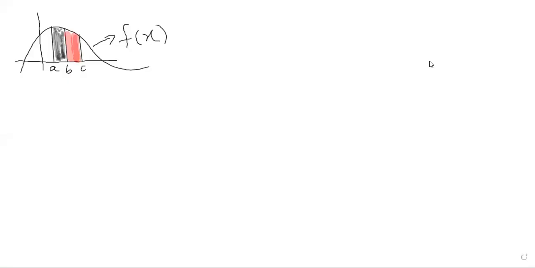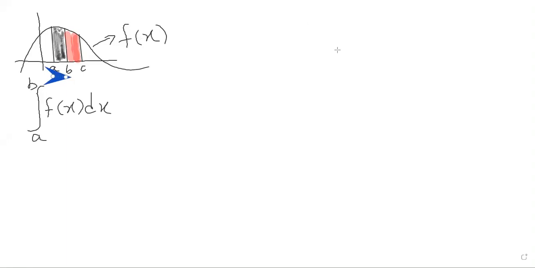The second thing which you have to remember, let's say I'm integrating the function f of x dx from a to b. So if I'm integrating it from a to b, what is going to happen over here basically? It means that I'm going to get the area from this point to this point.